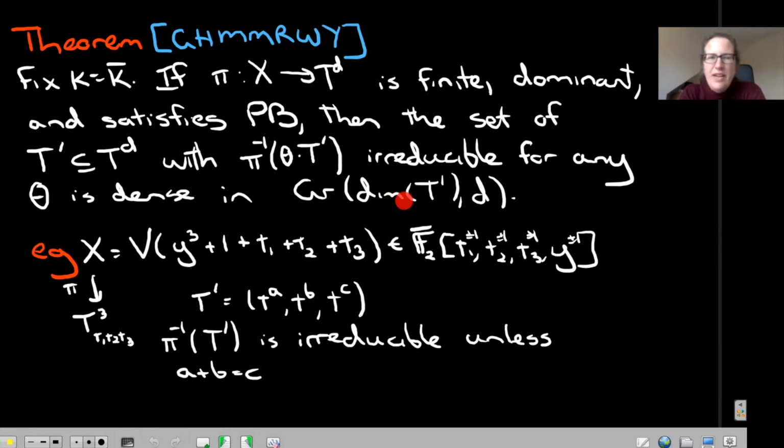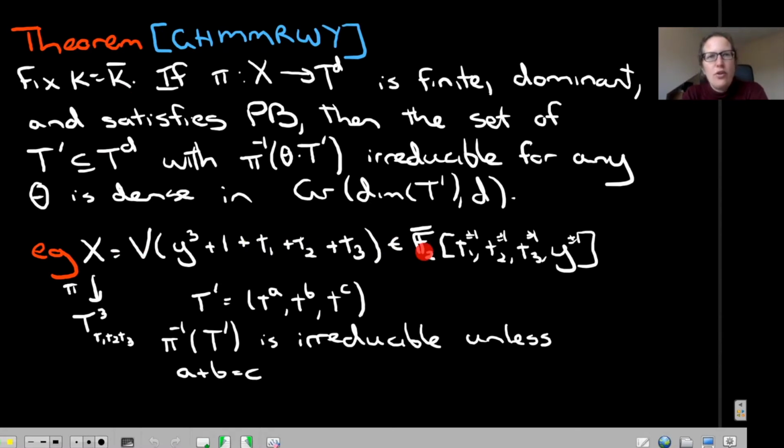I come from a tropical perspective, so I think to myself, when I tropicalize the subtorus, I get a T prime dimensional subspace of the d-dimensional space, so a point in the Grassmannian. But there are other ways to think about that. And again, the point is, you give me your subtorus, you say I don't like it, the preimage is reducible, I can tweak it to a nearby one, and then you can take any coset you like of this nearby one, and it will still be irreducible.